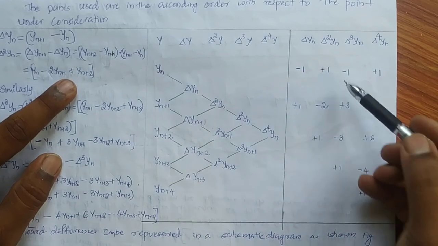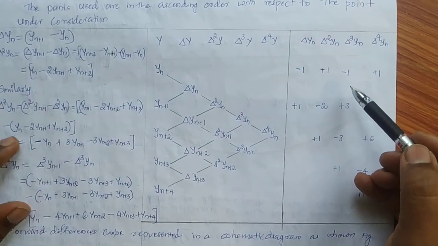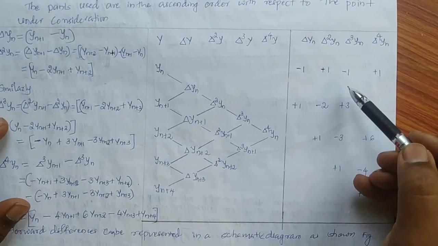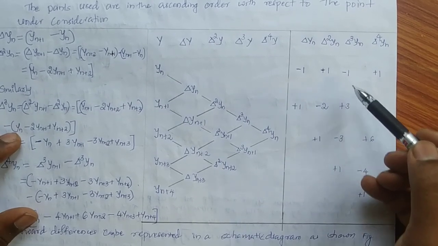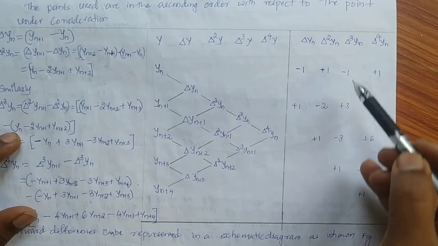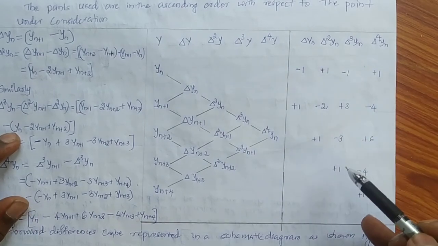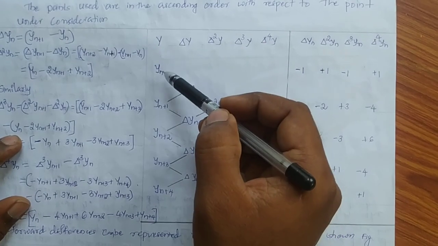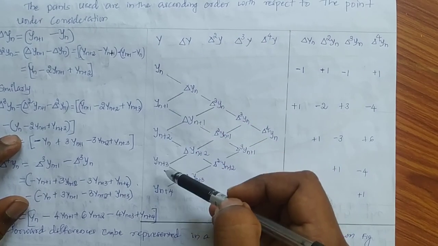Next, you can come here for delta cube yn. You can use these coefficients, multiplying with yn, yn plus 1, yn plus 2, yn plus 3.